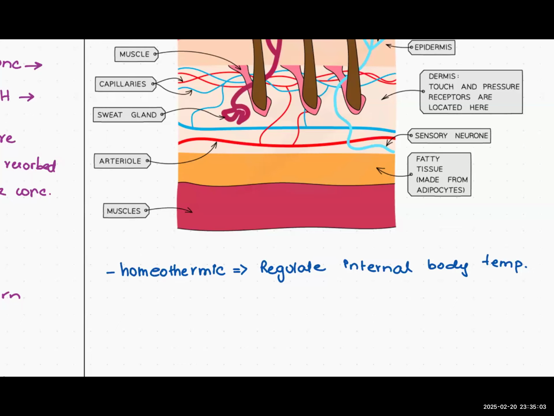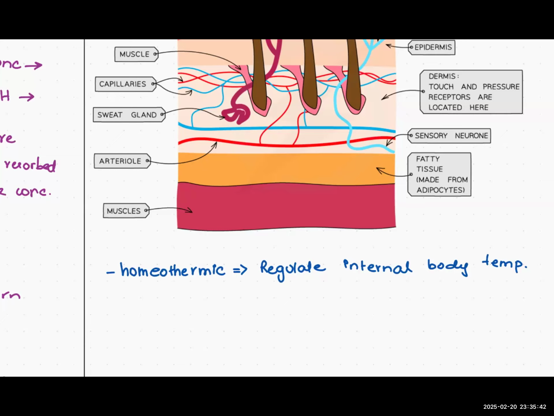Now, mammals specifically can also be referred to as endotherms. What do we mean by endotherm? That they can actually use the heat from our chemical reactions. Our body is always performing respiration and all those different chemical reactions, so it can use the heat from the chemical reactions to keep the body warm, right?